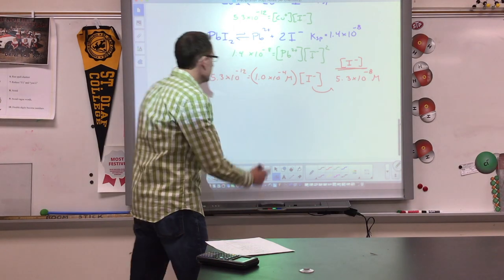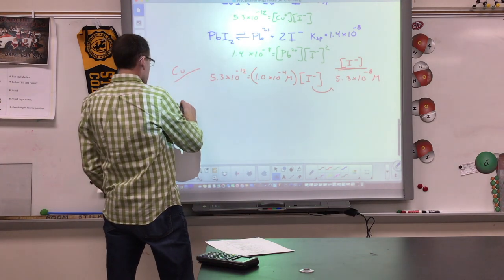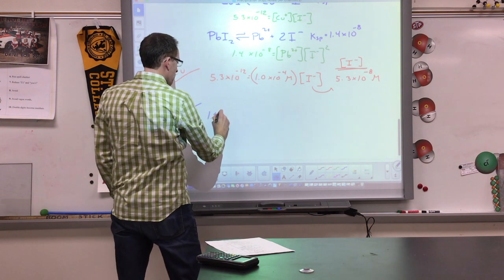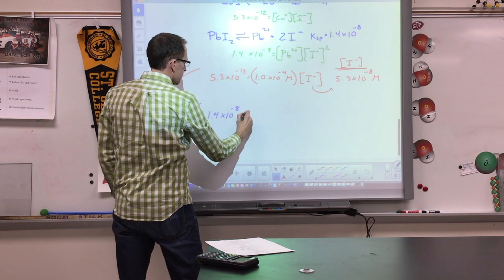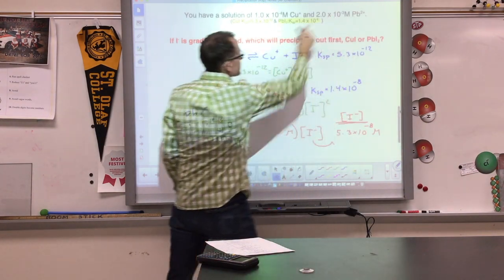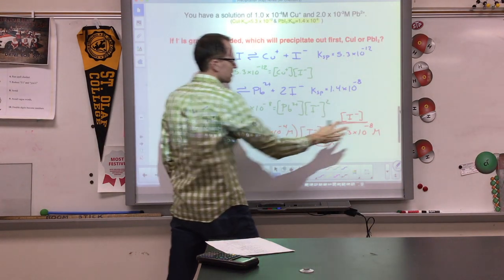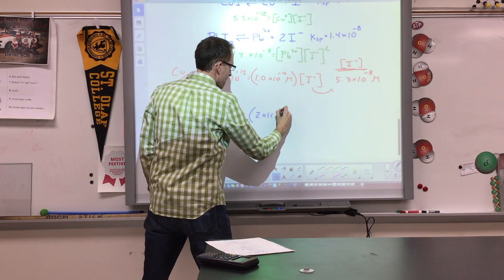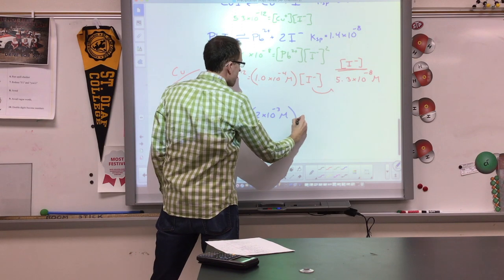If I do Pb, I have 1.4 times 10 to the negative 8th equals, let's find out what I was given. I said that I have 2 times 10 to the negative 3rd molar of my Pb.